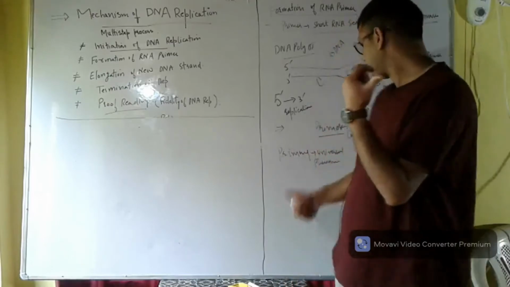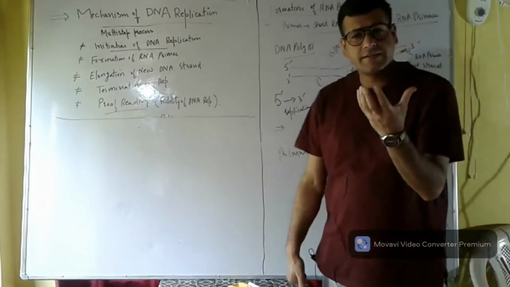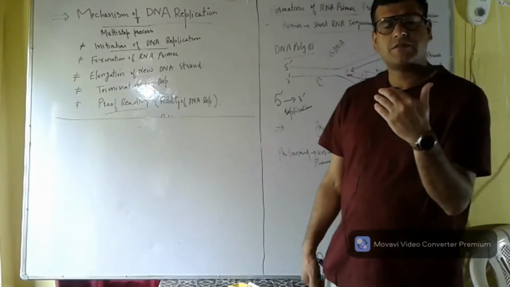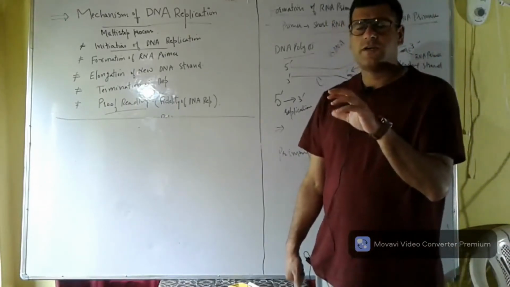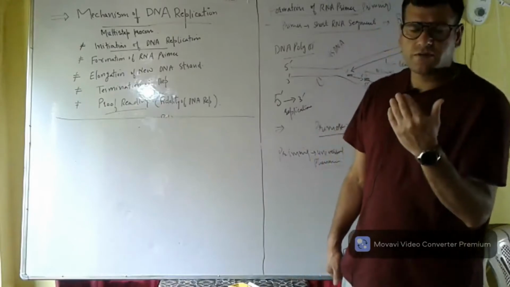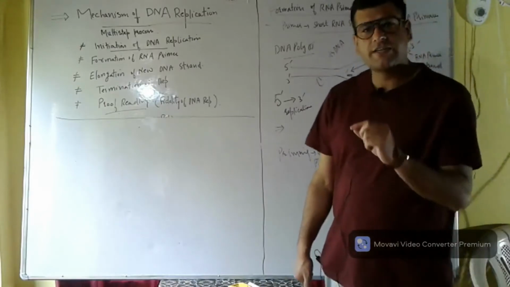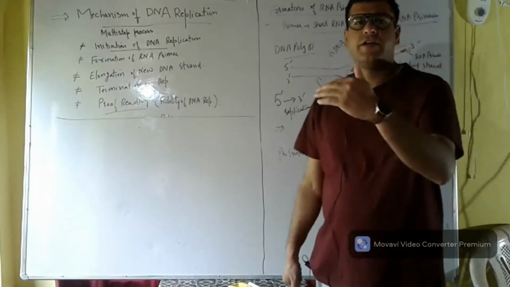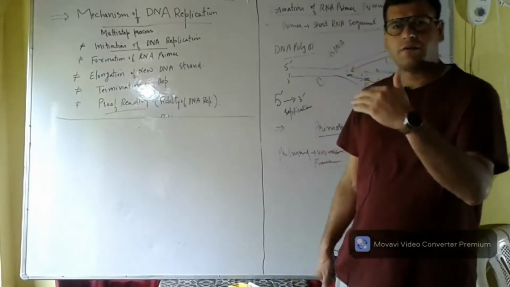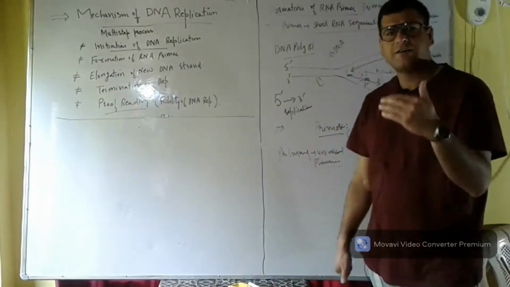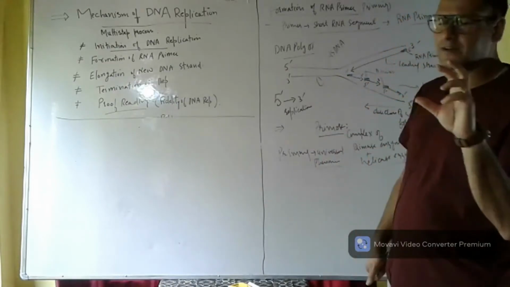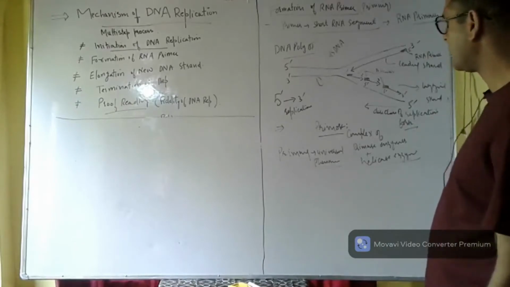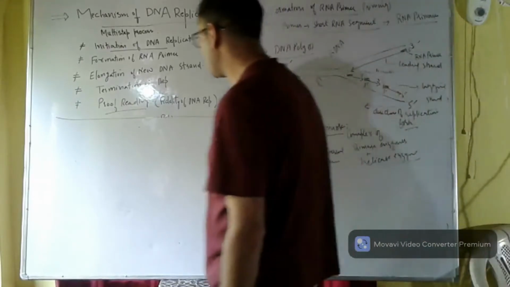This primer gives a platform to DNA polymerase III, which then adds deoxyribonucleotides to the 3' end of the RNA primer, and in this way DNA synthesis proceeds ahead. The DNA strand elongates.